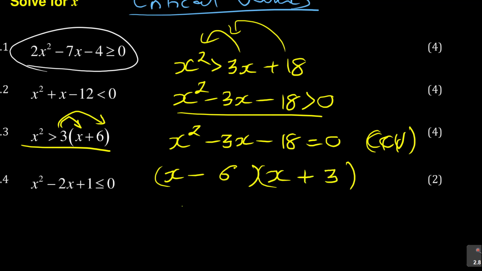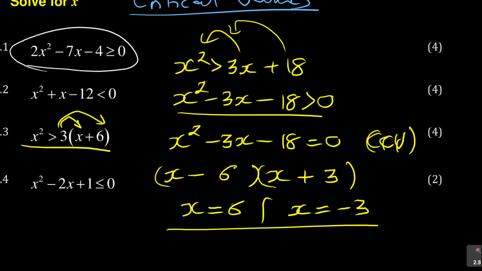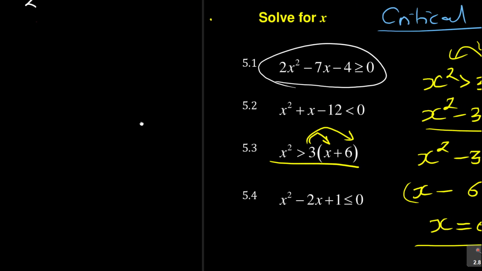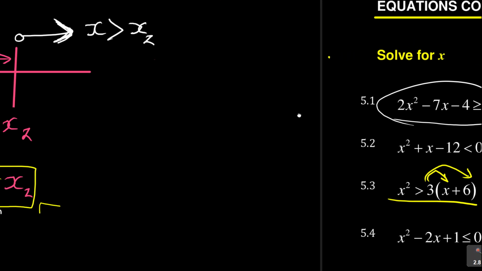This will give me that. So my critical values is x is equal to 6 or x is equal to minus 3. Where am I getting this? You solve for x, please. That's where I got this, nothing else. Then you come here. Critical values, x is 6 and x is minus 3.